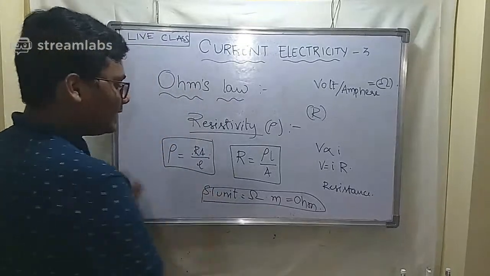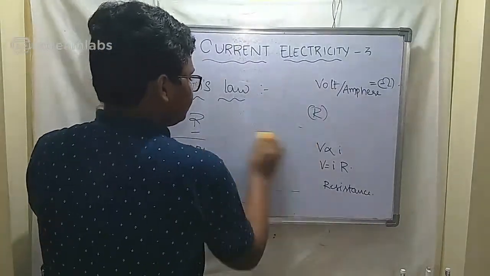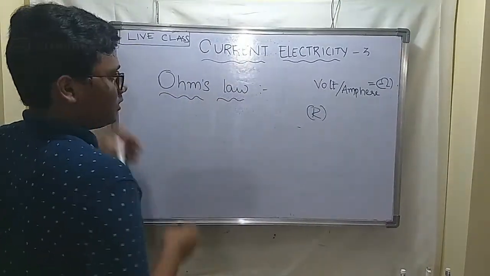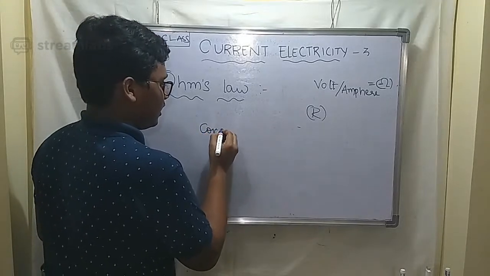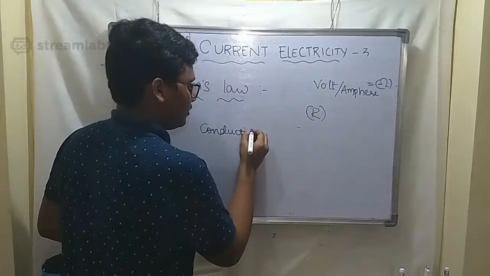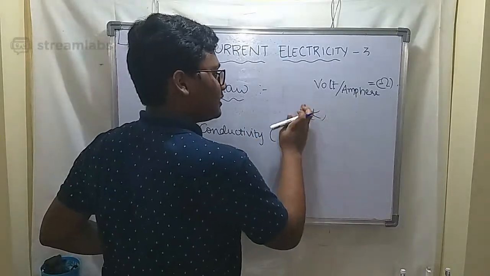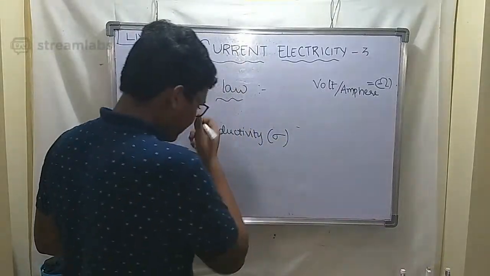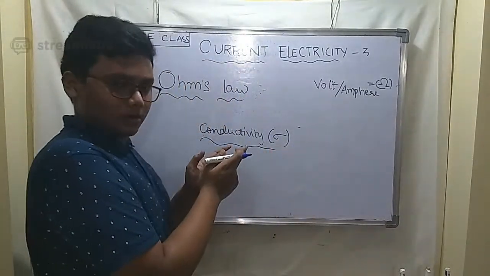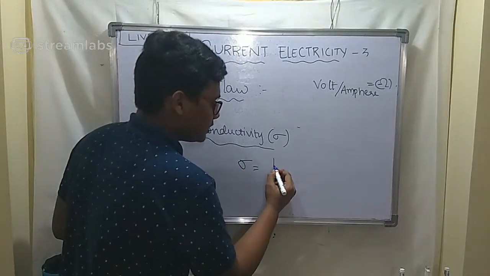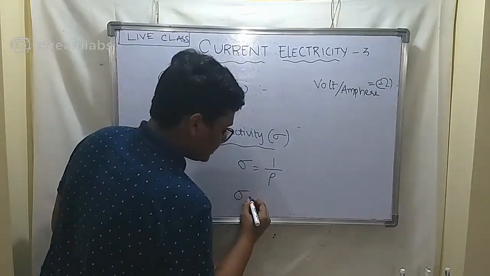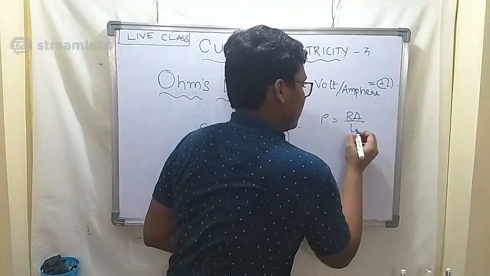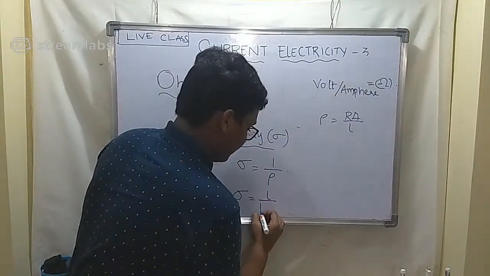And conductivity is represented by sigma. Sigma is equal to 1 by rho, and that rho we got as RA by L, so sigma is equal to L by RA.